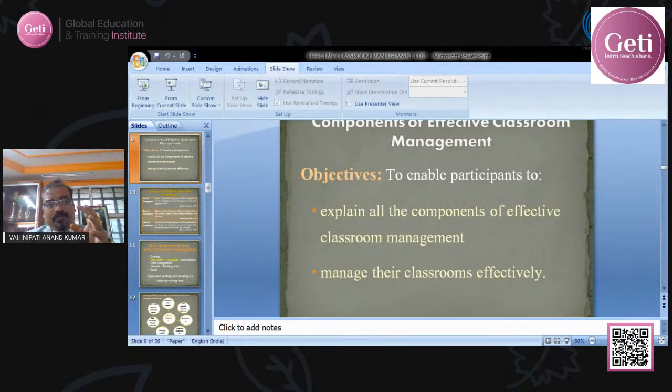But if you want to have effective outputs from your class, this should be reversed. The teacher should become a facilitator. He or she should create that environment, should provide those activities, and help the children get engaged in them.